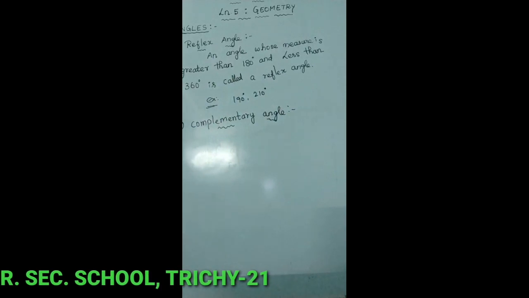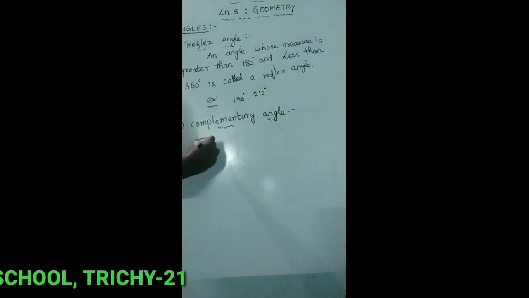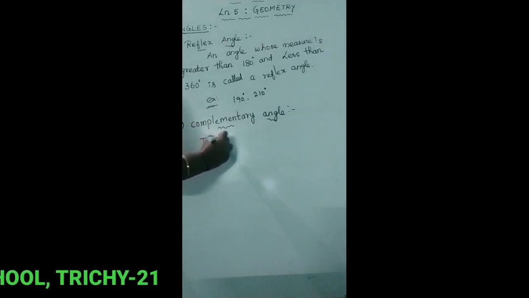Two angles are called complementary angles if the sum is 90 degrees. This type is called the complementary angle.